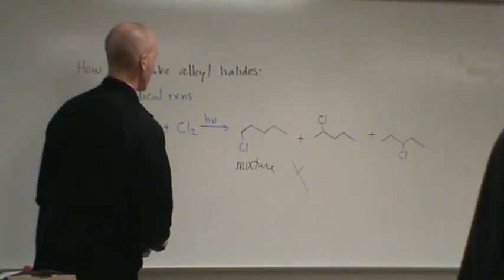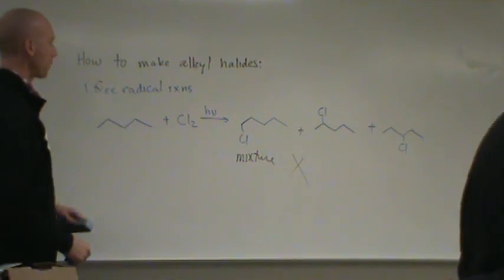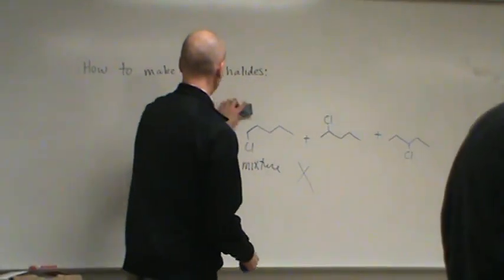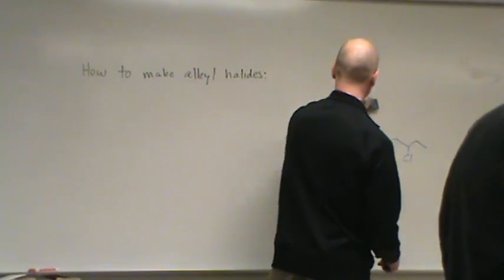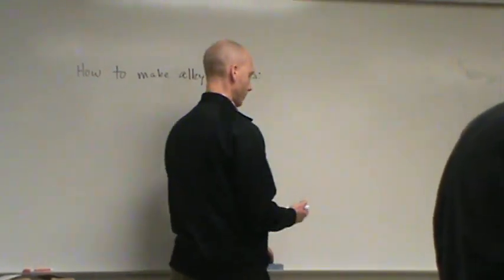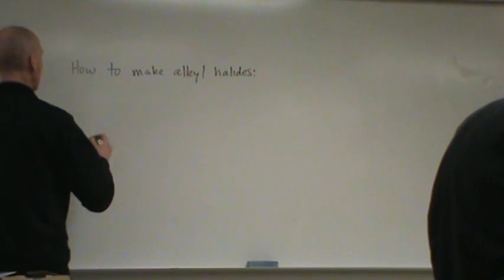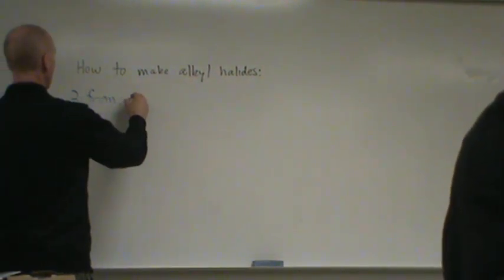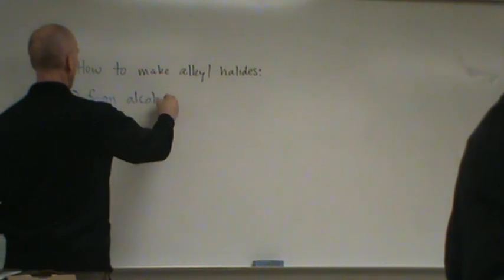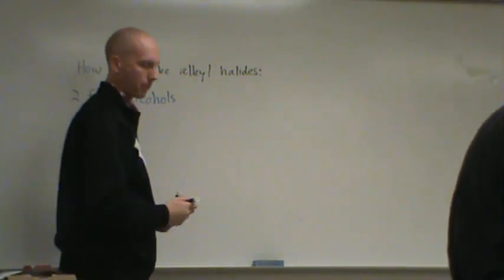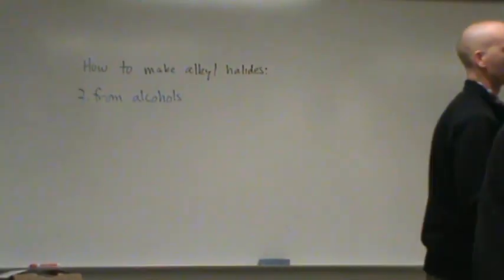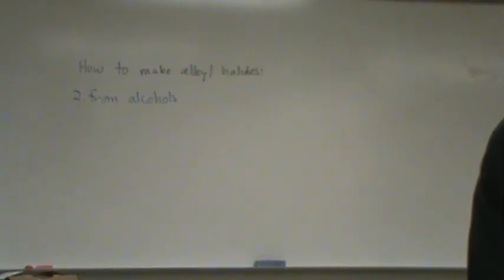So let's look at the primary way that we will make these. The primary way we will make alkyl halides is from alcohols.